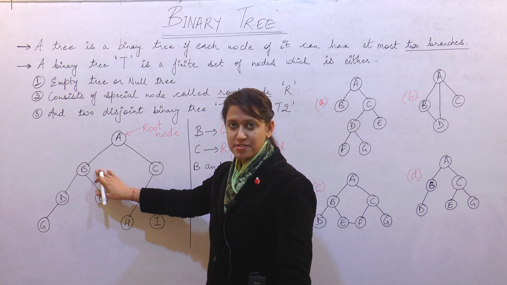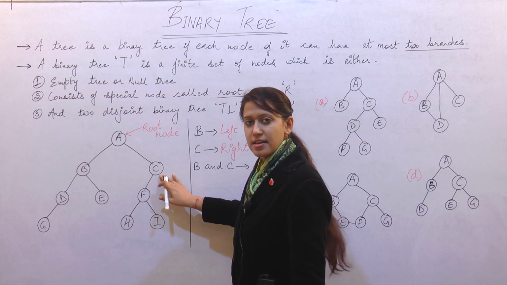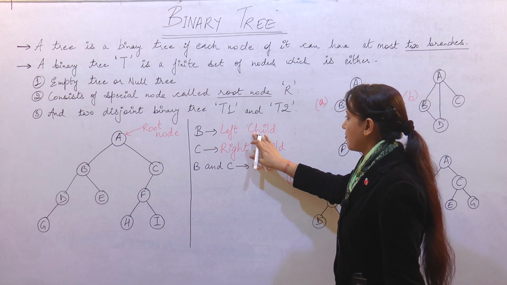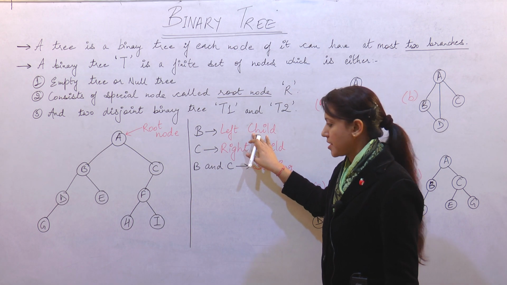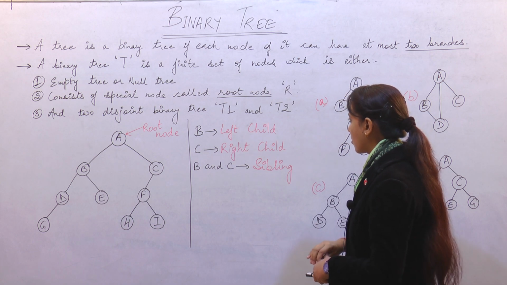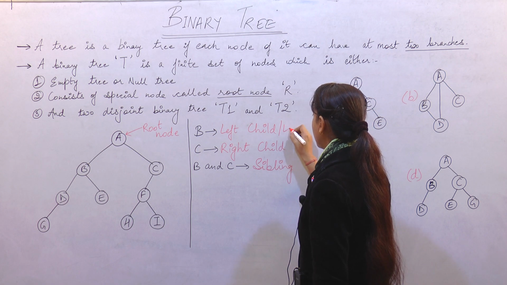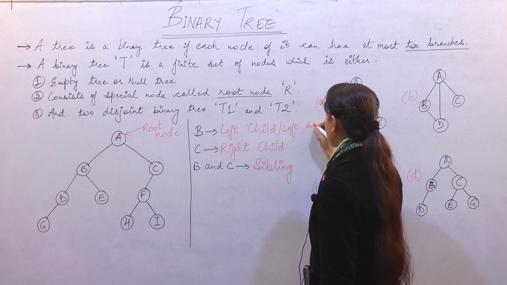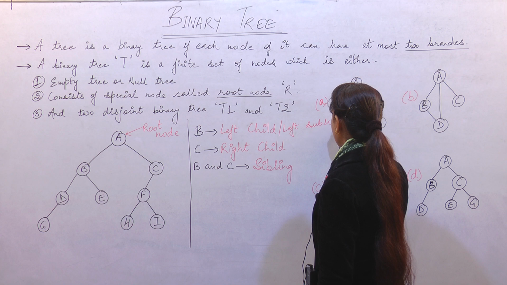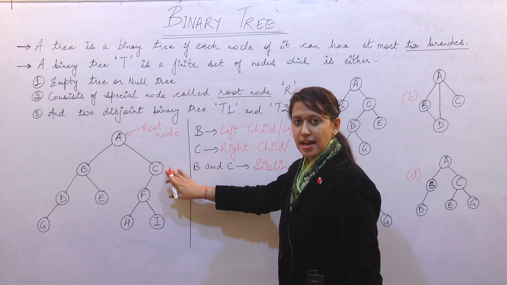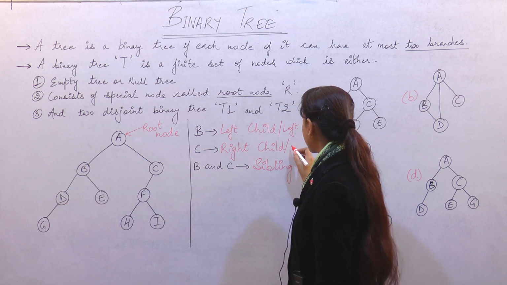B is the left child or left subtree, and C is the right child or right subtree.